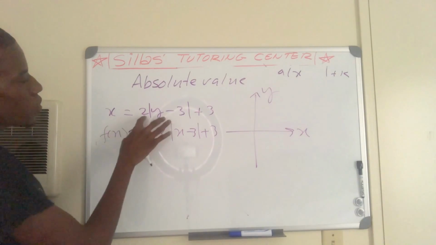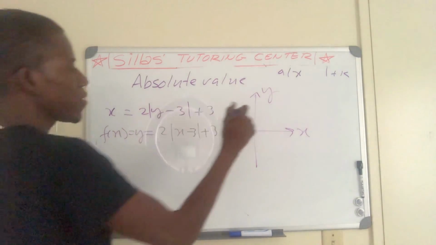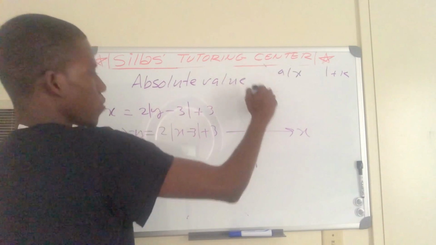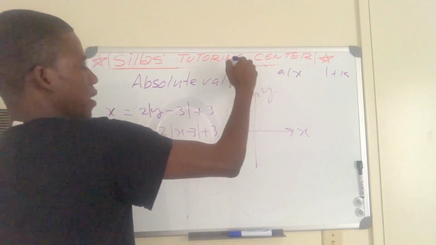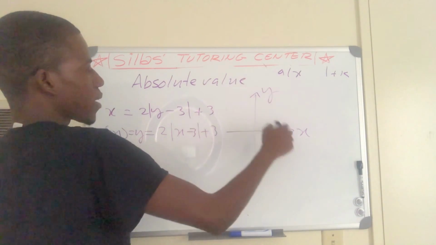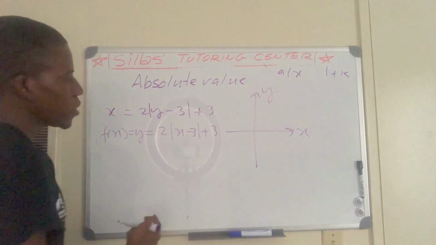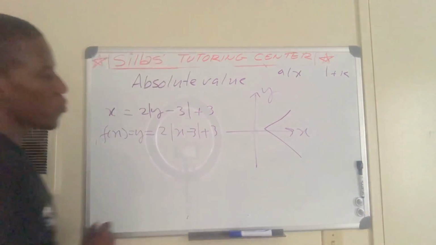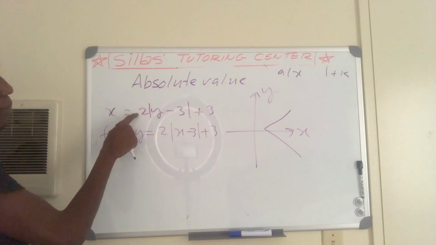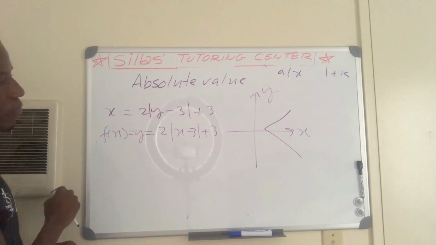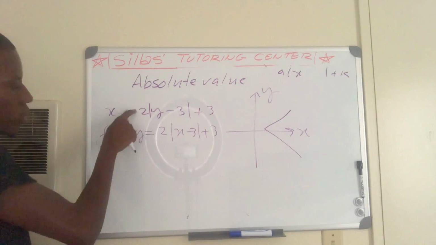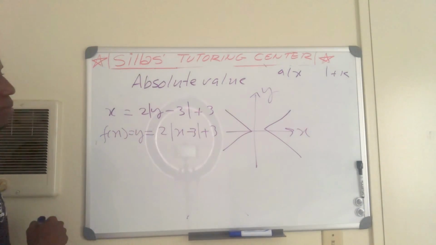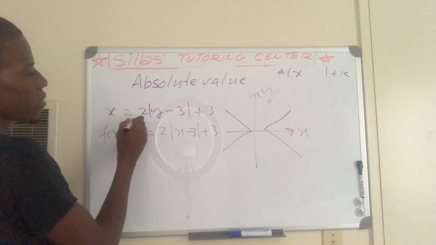When we have to do it this way, instead of taking y as the image of x, I'm going to take x as the image of y, which means my v is going this way when the slope is positive, and it's going the other way, to the left, when my slope is negative.